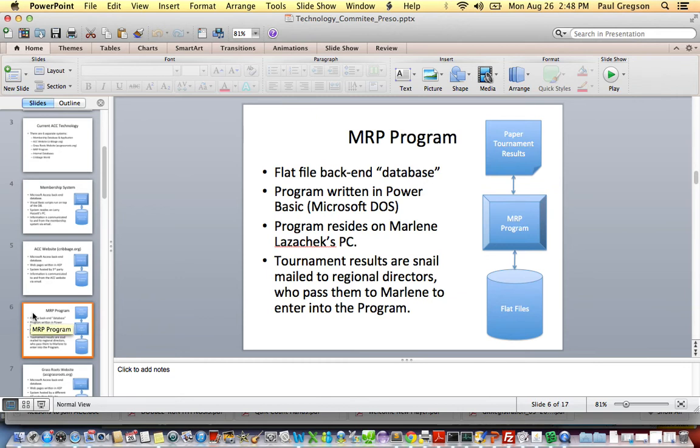The Master Point program has a back end which is basically flat files, like text files. So it's just a set of text files rather than a back end database. The program is written in Power Basic, which is an old form of Microsoft DOS programming.